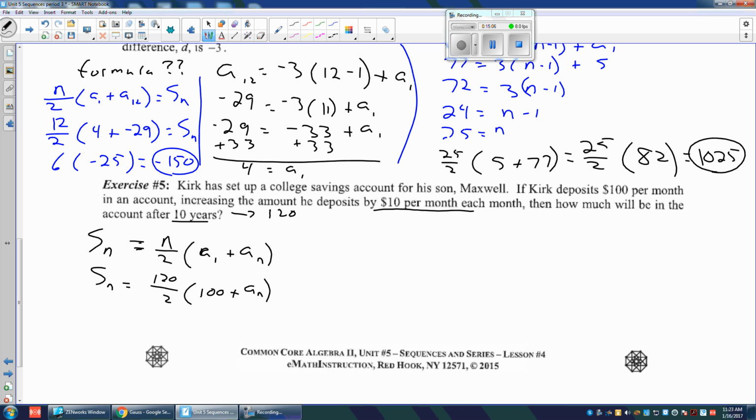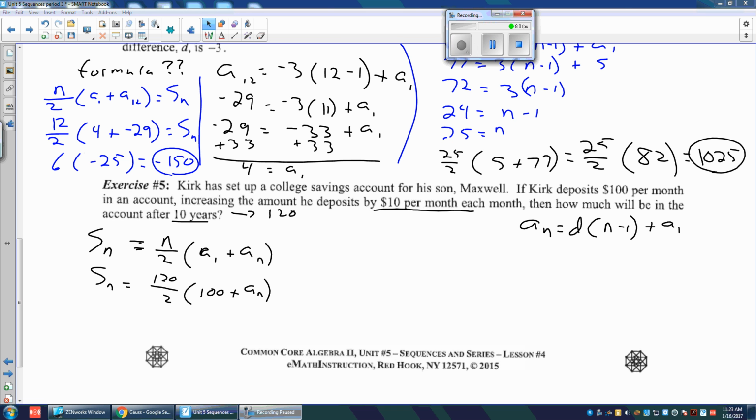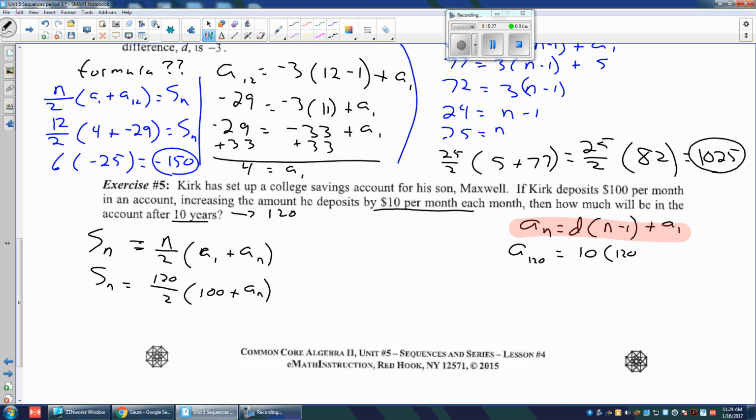So we have two unknowns, so we've got to grab another formula. And you guessed it, these are used hand in hand all the time. So the last term, A sub 120, is the difference. He's depositing $10 per month times 120 minus 1 plus the first deposit, $100.